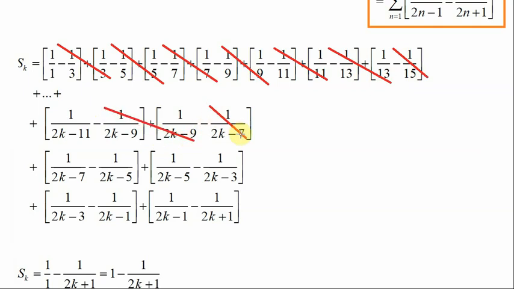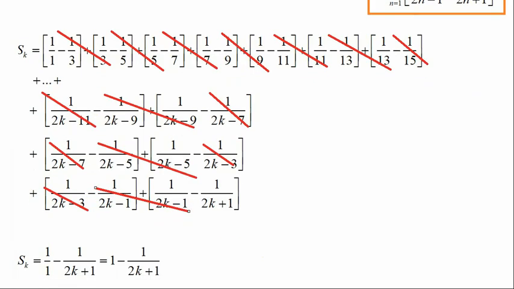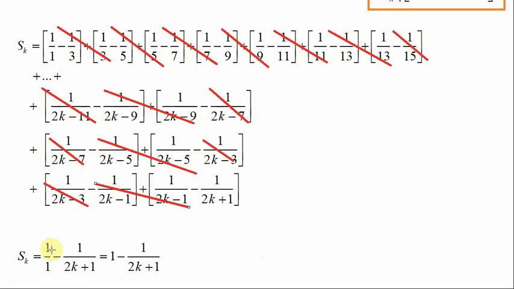And then eventually this one will drop out also. And so what's left is just 1 minus 1 over 2k plus 1. So this is the sum of the first k terms.